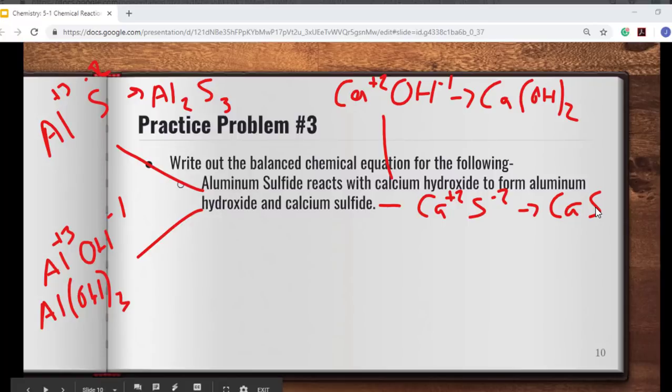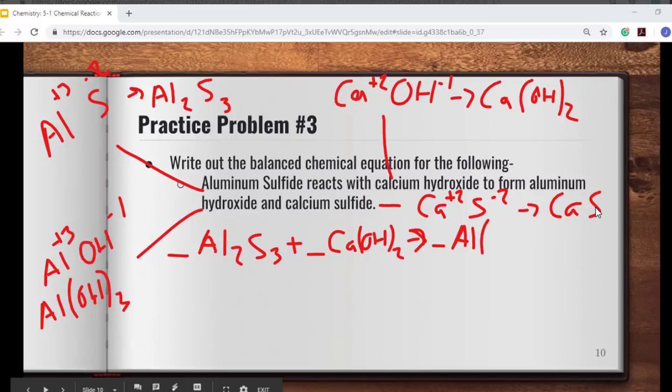So let's go ahead and write out our equation that's unbalanced. So I'll put little lines in front to kind of help. So we've got aluminum sulfide, Al2S3 plus Ca(OH)2 yields Al(OH)3 plus CaS.